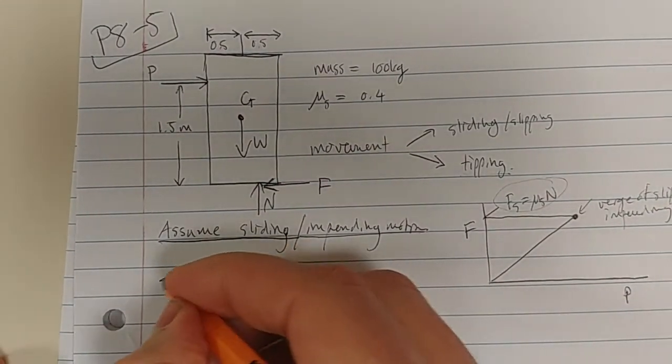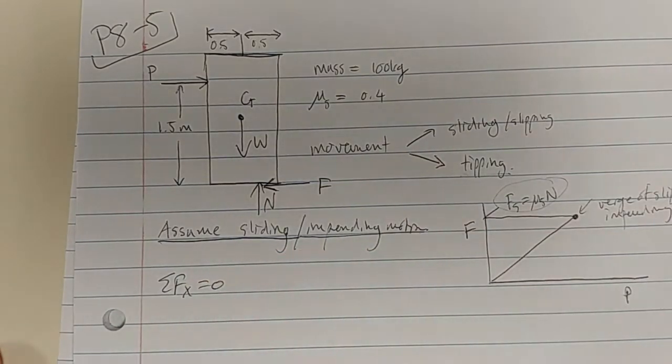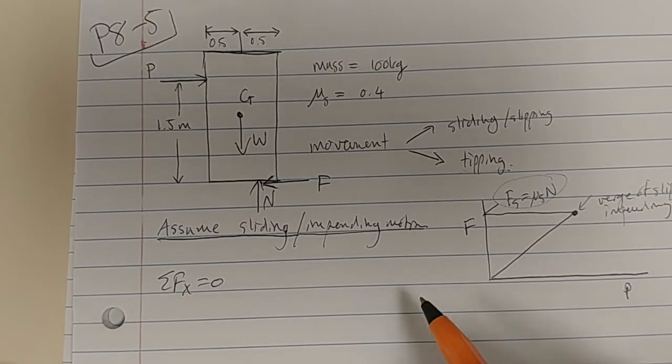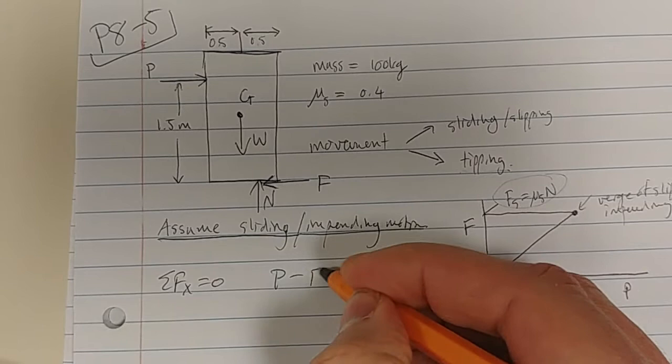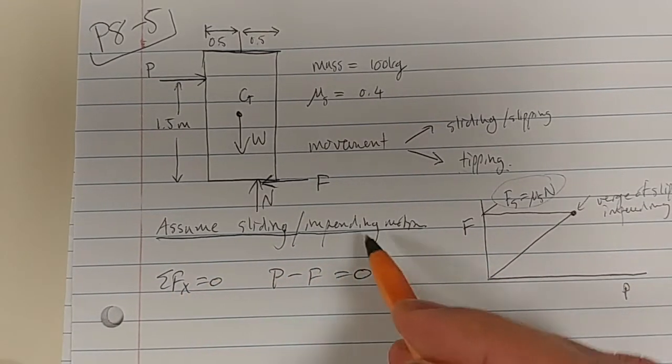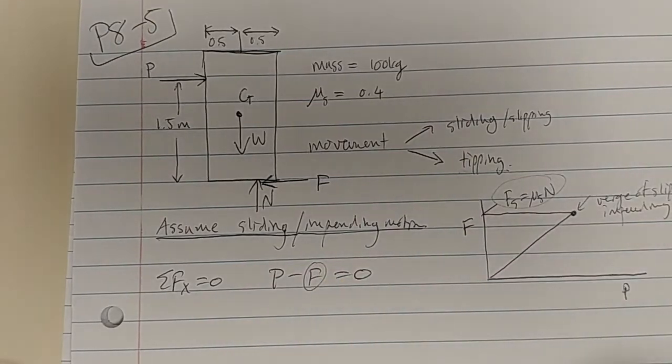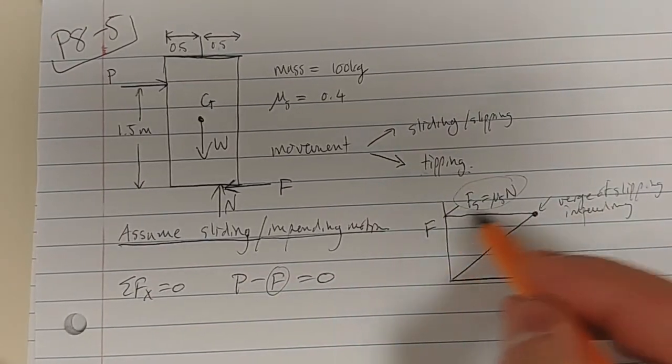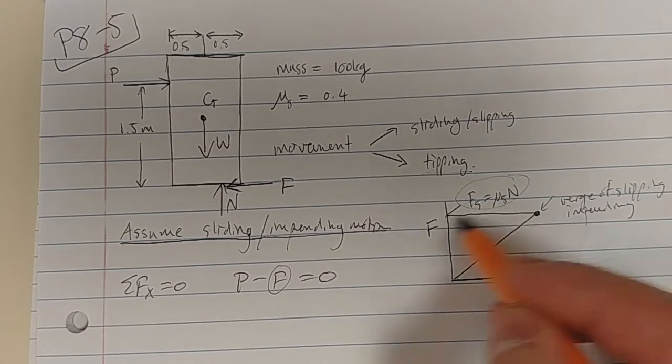Okay, so the sum of the forces in the x equals 0, and we have P minus F equals 0. And remember, because we're at impending motion, this F we do know. This F is our friction force at impending motion.